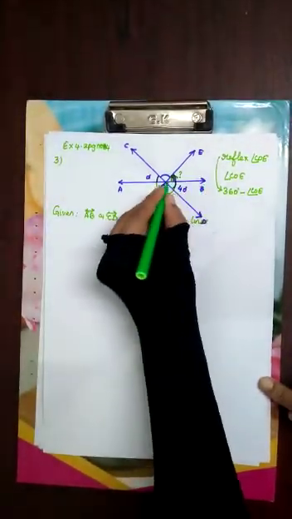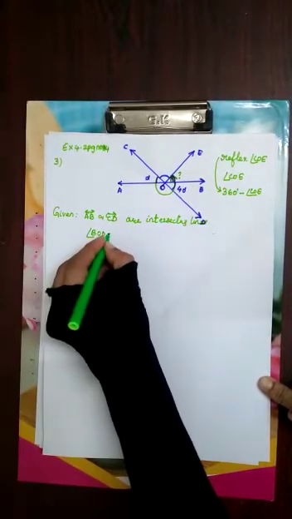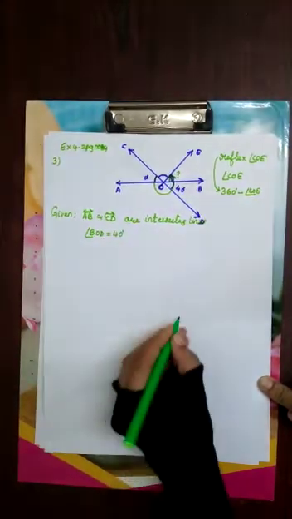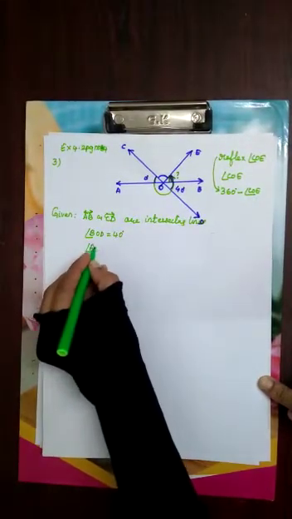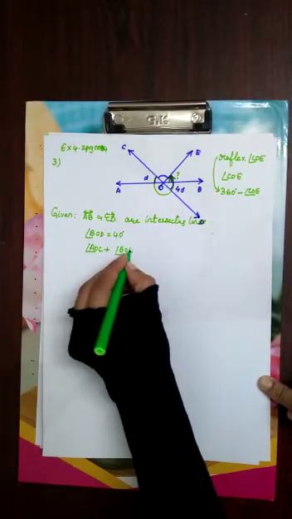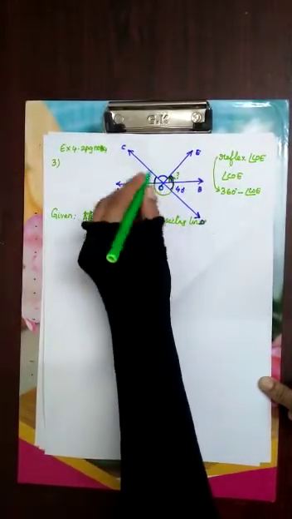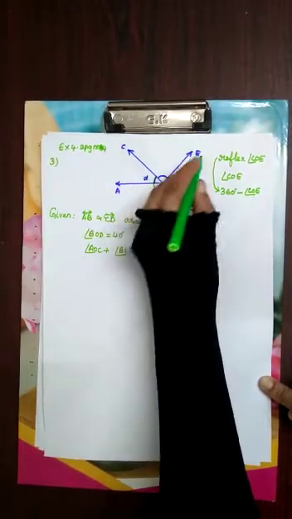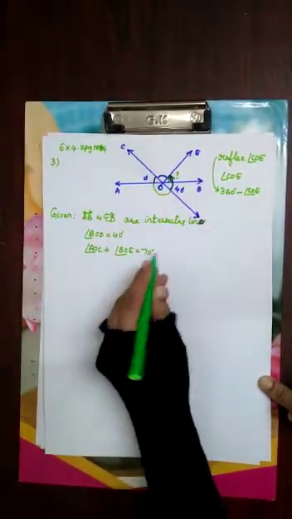Angle BOD is given to us as 40 degrees. And they also gave angle AOC plus angle BOE is equal to 70 degrees. These two angles, when we add, it is 70 degrees. This is given to us.